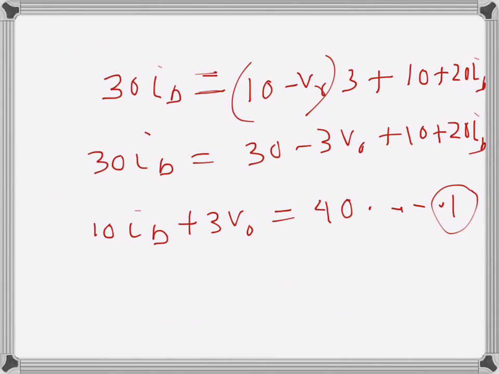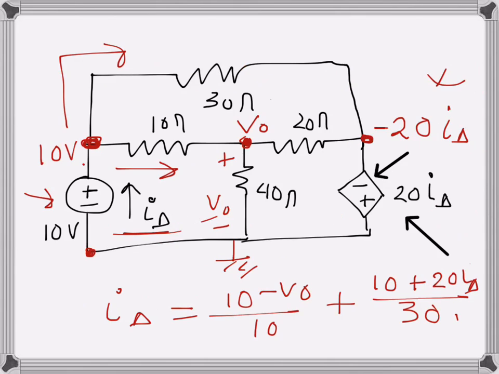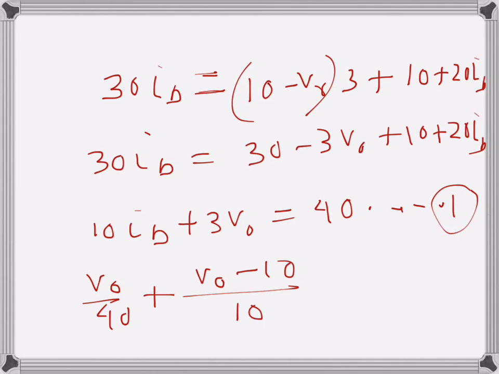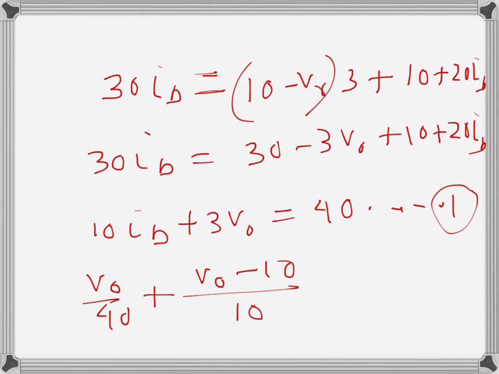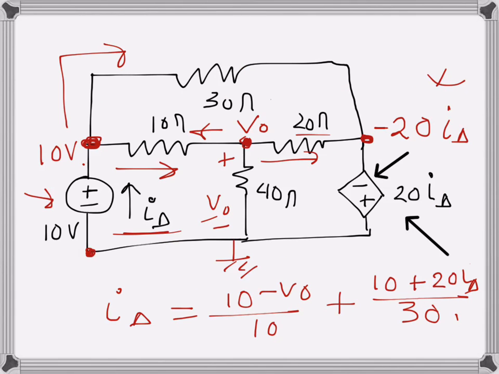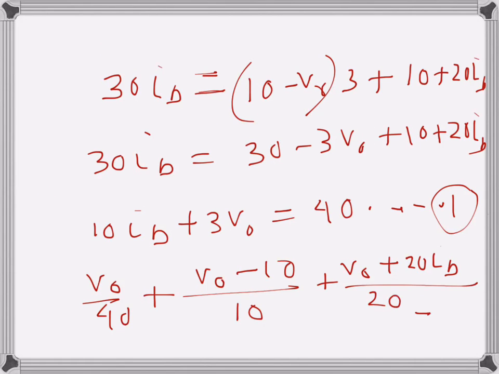So that will be V naught over 40 plus V naught minus 10 over 10. And then finally this current in this direction, V naught minus 20, so that will be plus V naught minus (20 minus 20 I delta) over the resistance here, which is 20 ohms, and that is equal to 0.